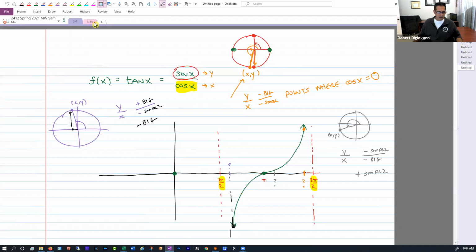Okay, so for tangent, if we're trying to graph the function f of x equals tangent x, I've already done this, but I just want to get our brains going again. To graph tangent, what we do is we write down what tangent is, and tangent is the sine function divided by the cosine function.